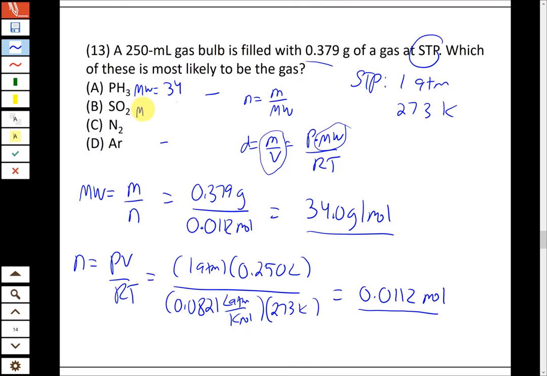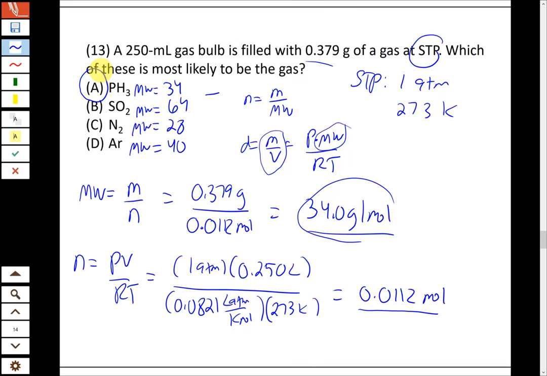For SO2, the molar mass is 64. For N2, the molar mass is 28. And for argon, the molar mass is just the atomic mass off the periodic table, which is 40. So the one that's clearly closest, we got pretty much exactly 34 grams per mole, and that matches up best with phosphine, PH3.